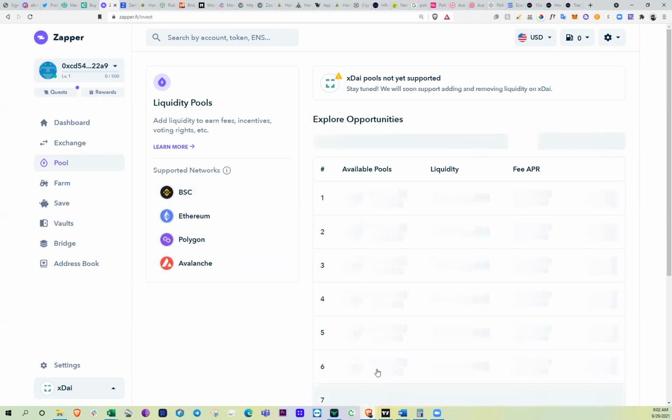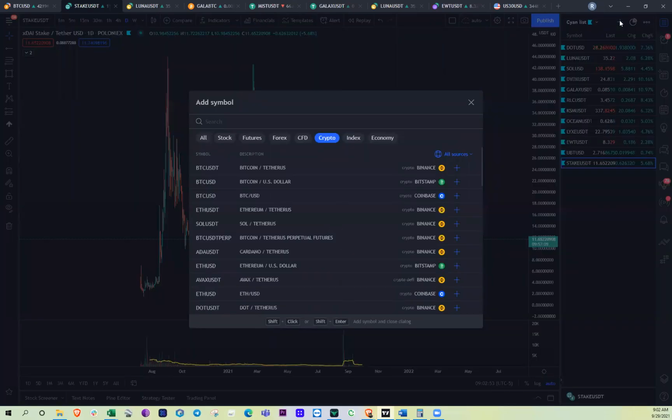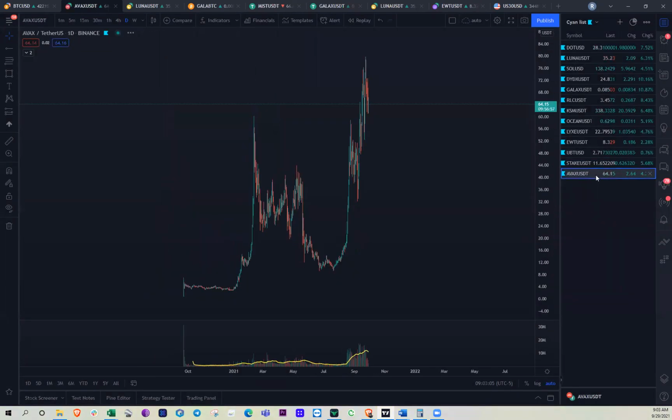And this is another one I forgot to put on here, Avalanche. I don't talk about Avalanche as much, but I actually found a wallet with a lot of them that I had no idea about. They've been pumping crazy, from $8 to $80.